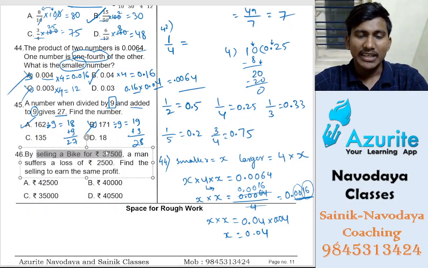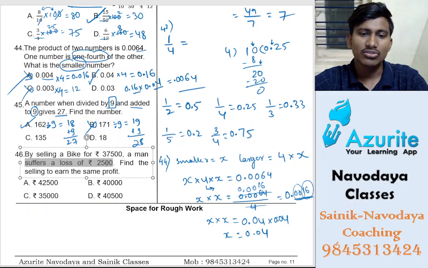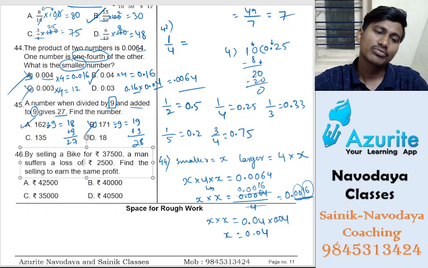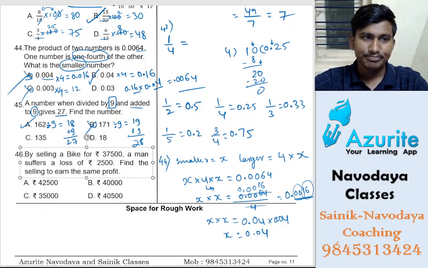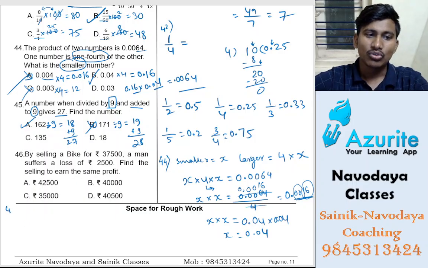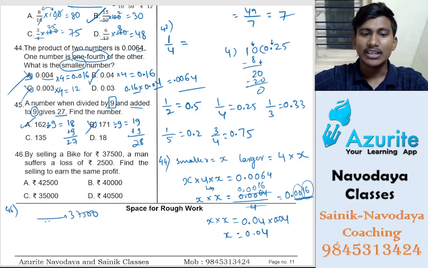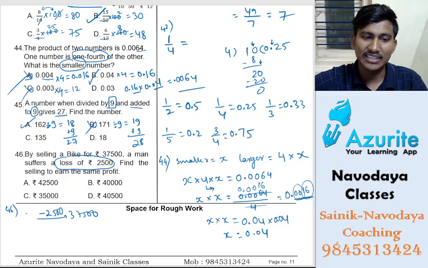By selling a bike for 37,500, a man suffers a loss of 2,500. Find the selling price to earn the same profit, that is 2,500 profit. If you want to find how much he should sell, we already know he sold for 37,500 and the loss is 2,500. What will be the cost price then?